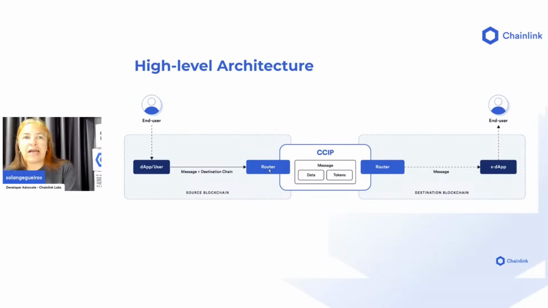All of this goes to the router, and the router is the CCIP part. It can be data or tokens. This is the message. When you define the destination chain, on the destination blockchain I have the other router that receives the message, and then either the end user directly or another smart contract deployed on the destination blockchain takes care of your message.